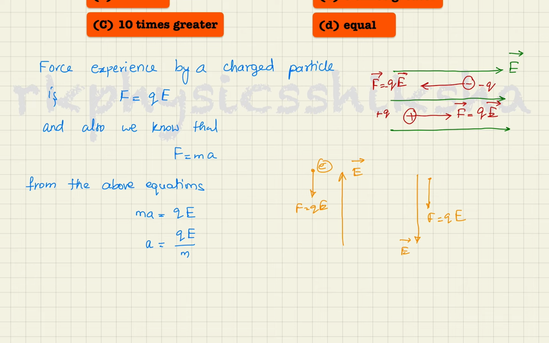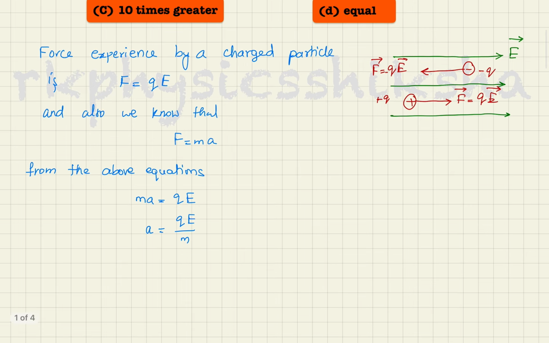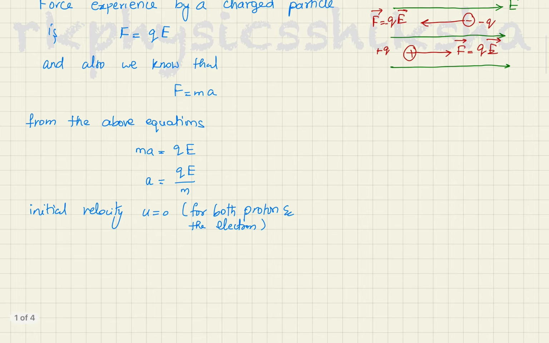And concluding to this relation, what we can further do is, as both electron and proton are falling from rest, we can take their initial velocity u to be equal to 0 for both proton and electron.